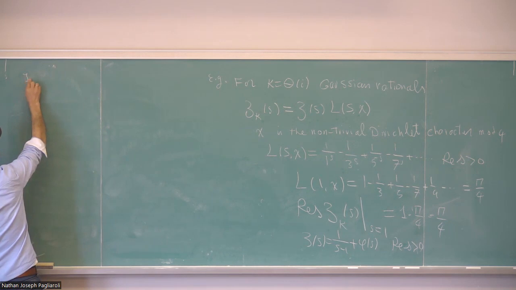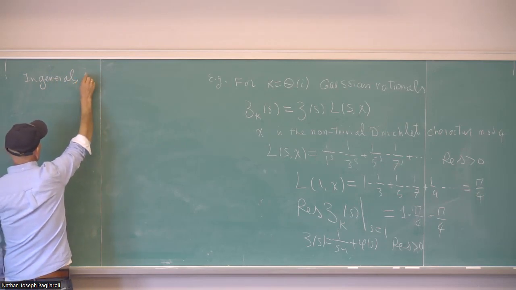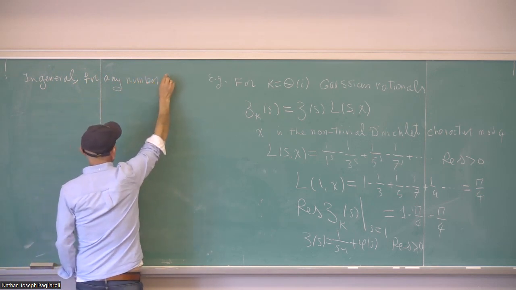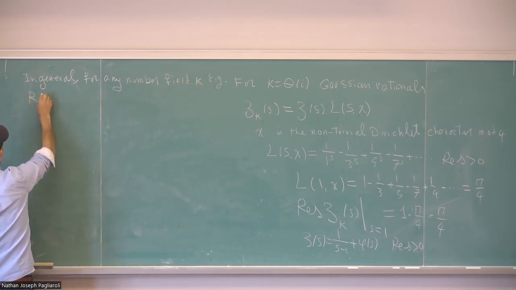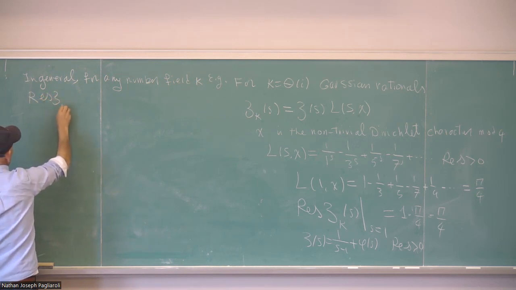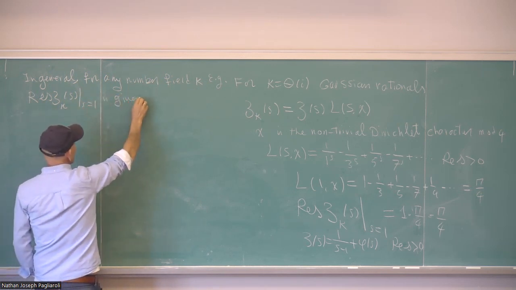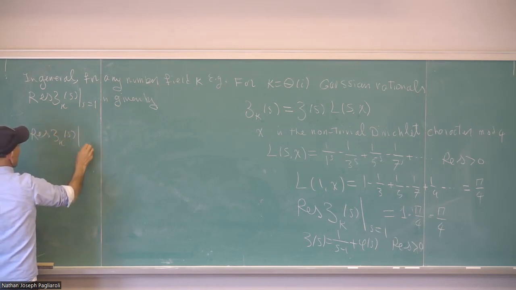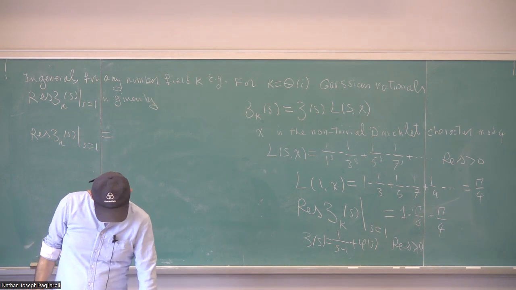In general, for any number field, the residue of zeta k s at s equal to 1 is given by a formula.